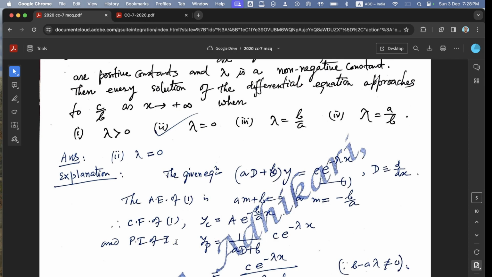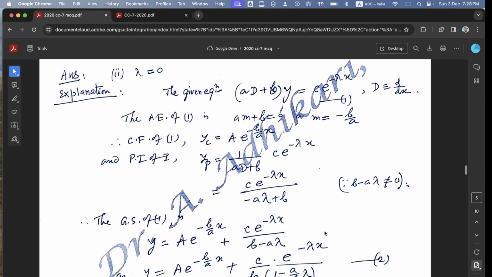And the particular integral of 1 is yp = 1/(aD + b) c e^(-λx). So this equals c e^(-λx)/(b - aλ), where b - aλ is not equal to 0. So yp is equal to this.